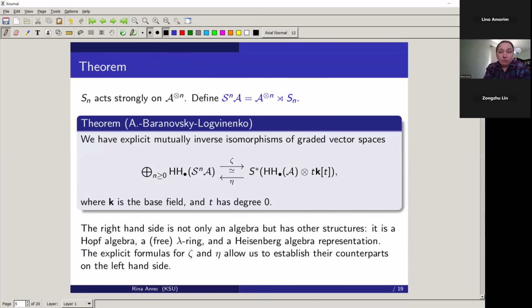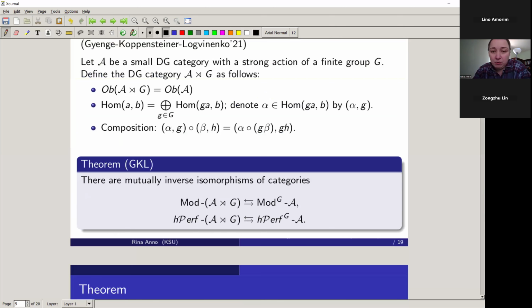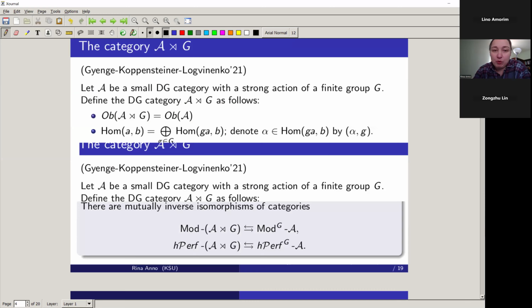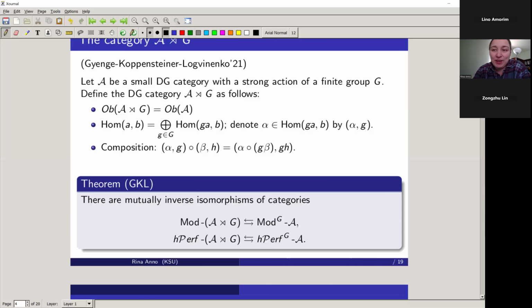Here G is a finite group. H-projectivity is just some abstract DG-categorical nonsense.